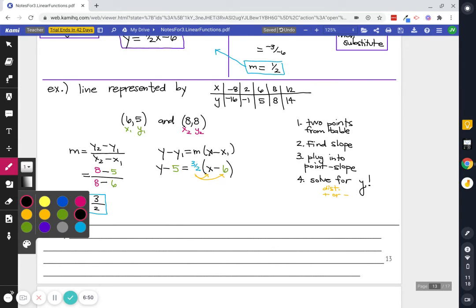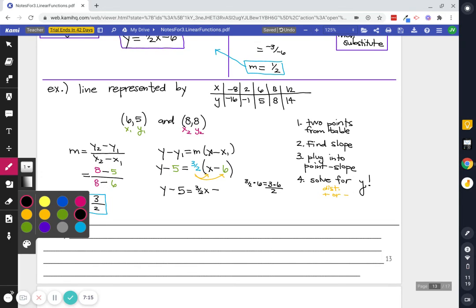So distributing, the y minus 5 just chills. 3/2 times x is 3/2 x. Don't work harder than you have to. Just leave it the way it is. 3/2 times minus 6. So 3/2 times 6 equals 3 times 6 divided by 2. Well, 3 times 6 is 18.